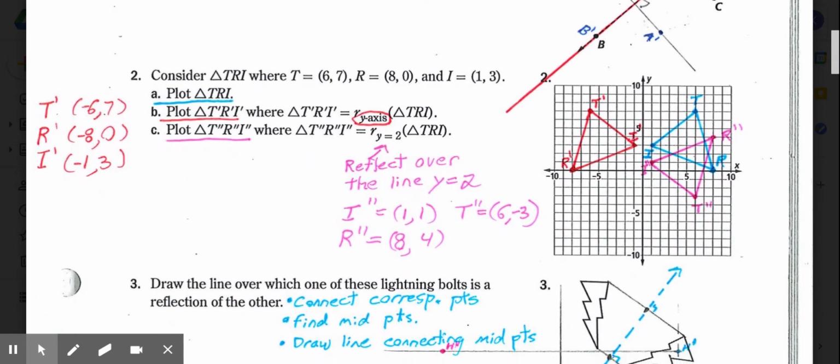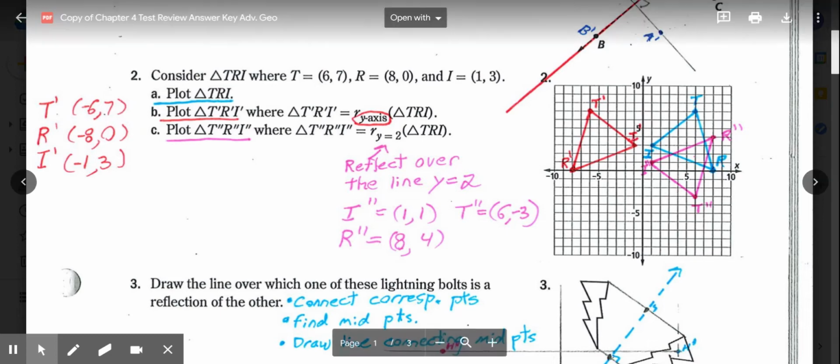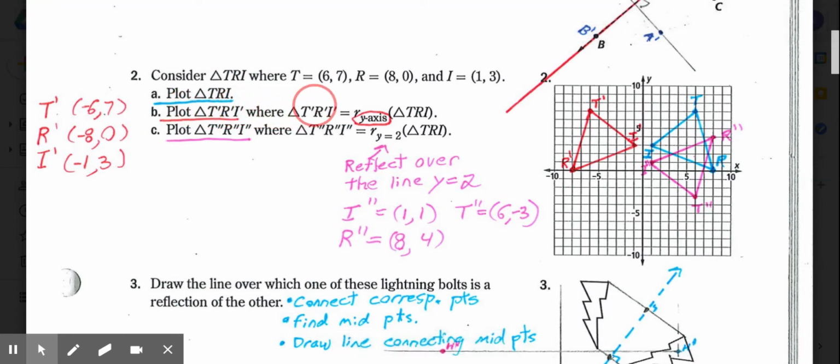In 2, they say consider triangle TRI with the following coordinates: T at 6, 7, R at 8, 0, and I at 1, 3. So TRI is this light blue triangle that I've drawn here. That takes care of part A, plotting TRI. Part B says plot T prime, R prime, I prime, where that is a reflection of the original triangle over the y-axis.